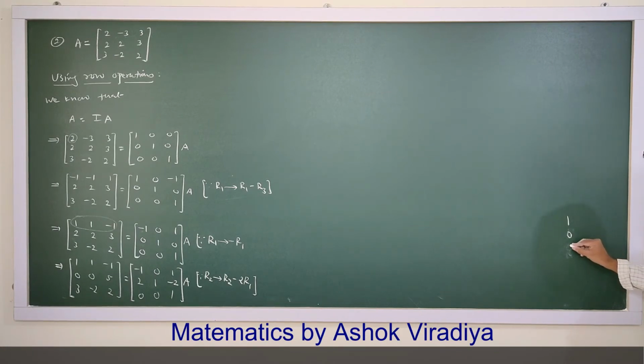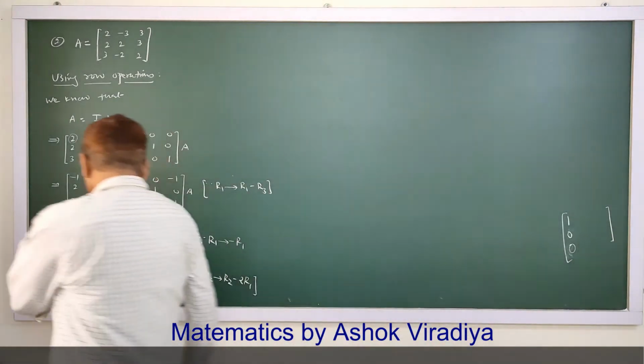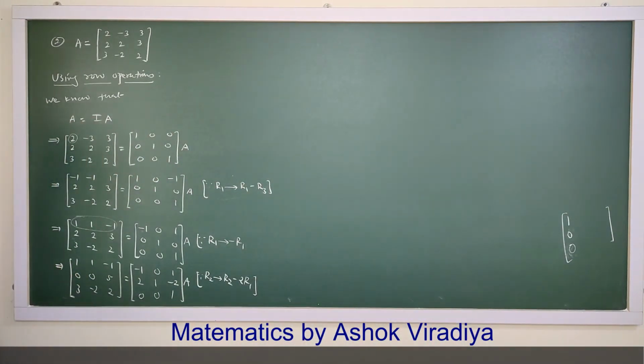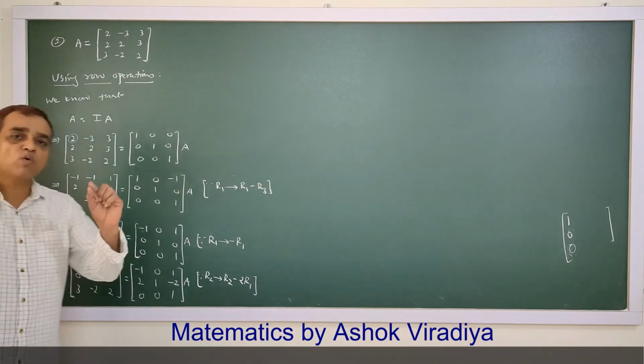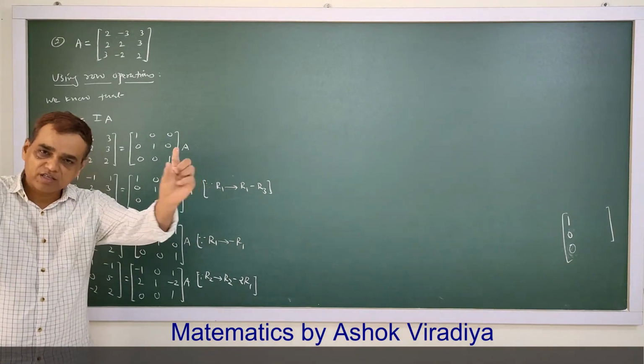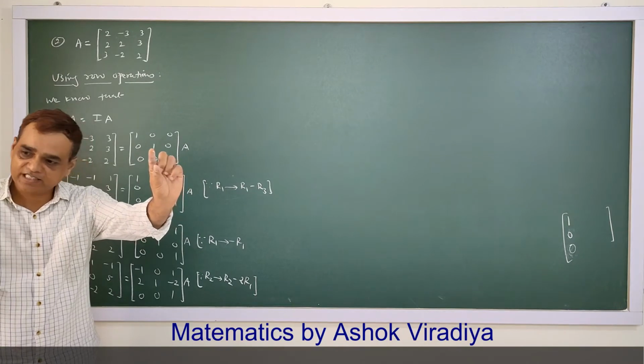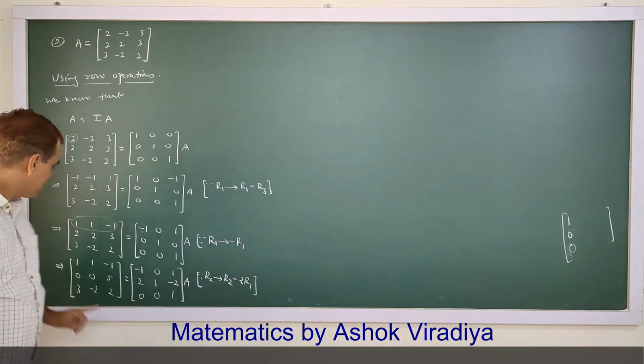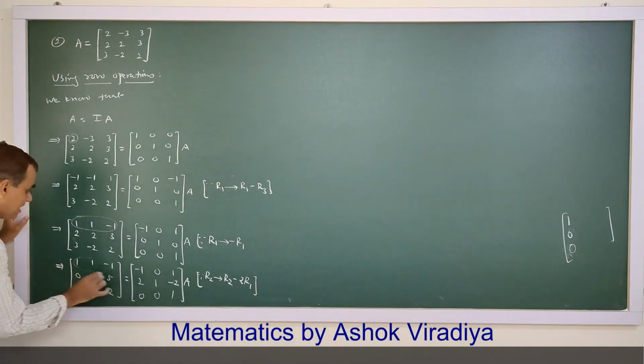Now the third step: we want this 0. We are getting it in sequence. Now to have 0 here, again you take the help of the first row. Whenever you set 1 in the first position, use that row in getting 0 in the others. So we have to multiply this by 3.